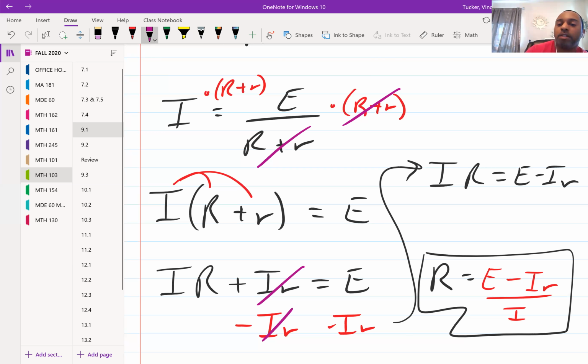That'll be capital I times capital R equal to E minus I lowercase r. And then we can finish it off by dividing by capital I. And that's capital R is equal to E minus I r over I. And that lowercase r is on the right side.